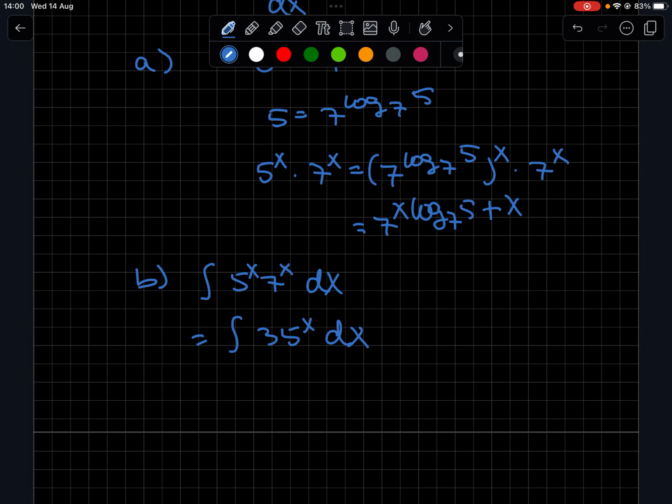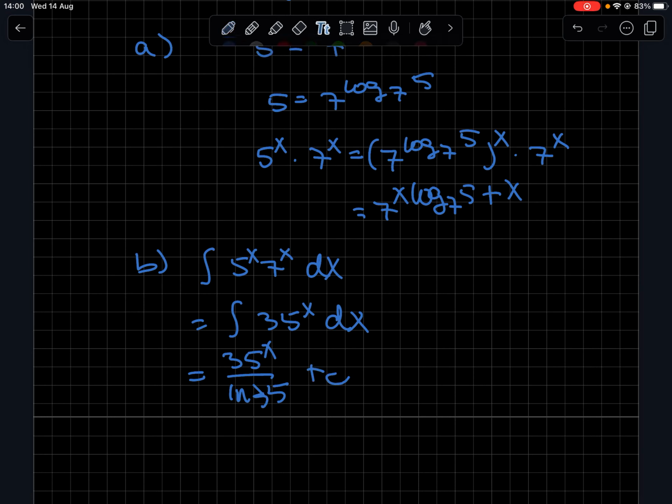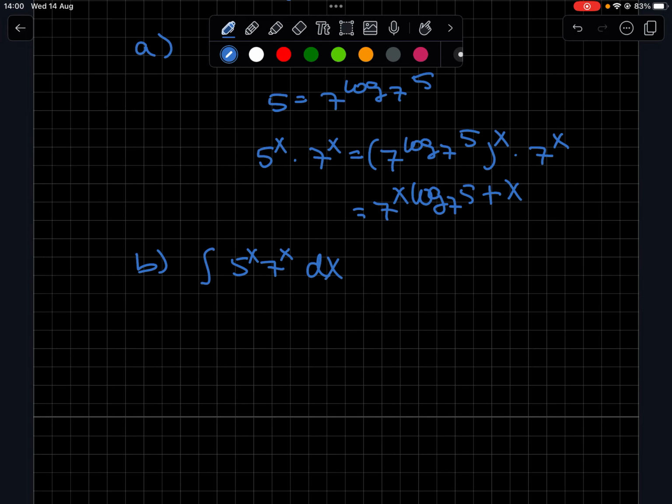And then you can apply the rule for integrating exponentials. Say that this is 35 to the power of x over the ln of 35 plus c, so on. But it says hence, so we should use what we previously found.